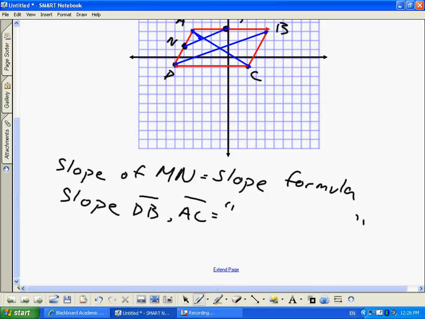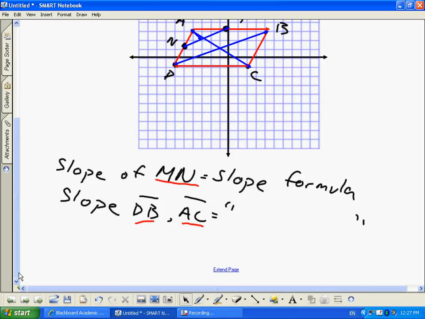Once you have those slopes, what do they have to be in order to be parallel? Equal. Any of those slopes equal to MN. So if either DB or AC slope is equal to MN, they're parallel. And if they're not, they are what?